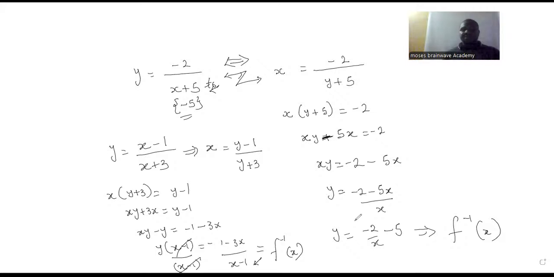So when you consider the inverse, we cannot have 0 in the denominator here because we're going to be having undefined elements. Considering this one also, x minus 1 can never be 0, right? Good. Here, x can never be minus 3.